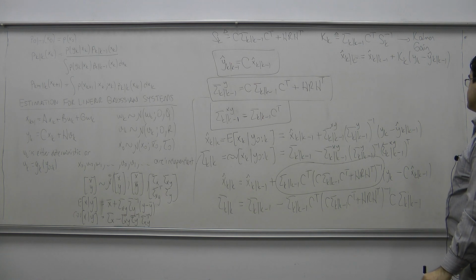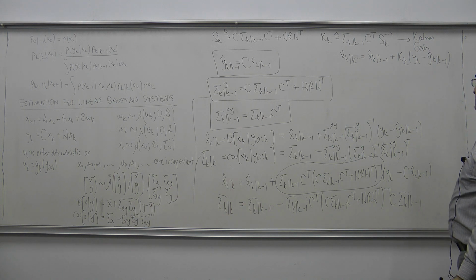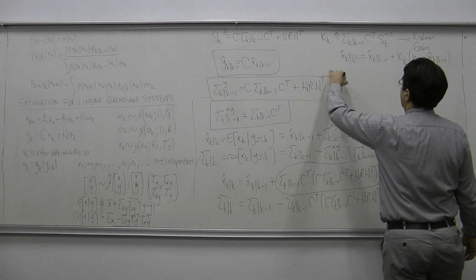You need to remember that y hat k given k minus 1 is nothing but C times the same prediction here.